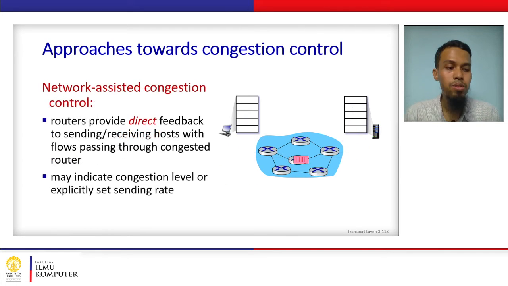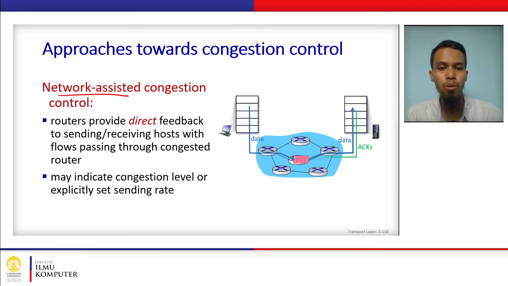The next one is called network-assisted congestion control. For example, let's say data is sent by this client, and it arrives at this router. The router observes there is congestion in this network.